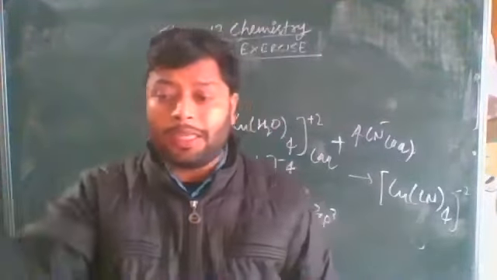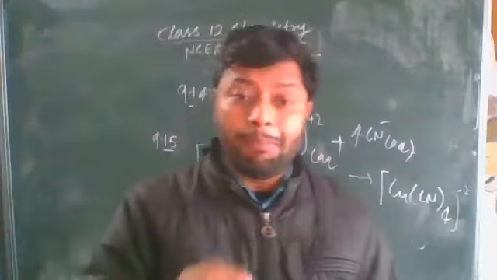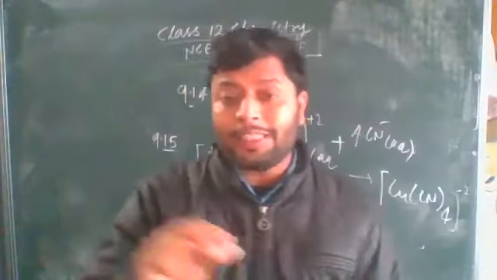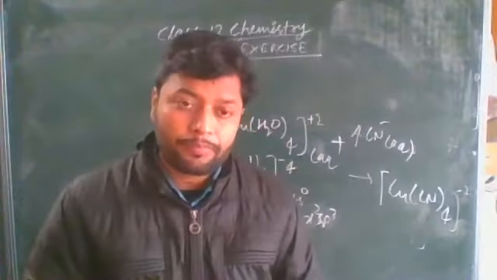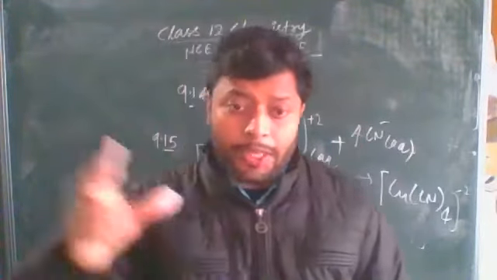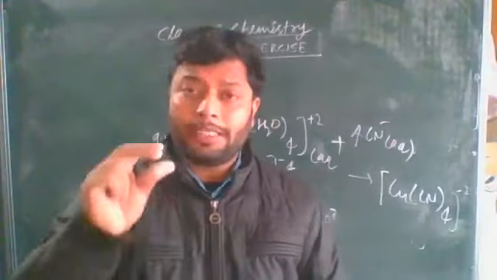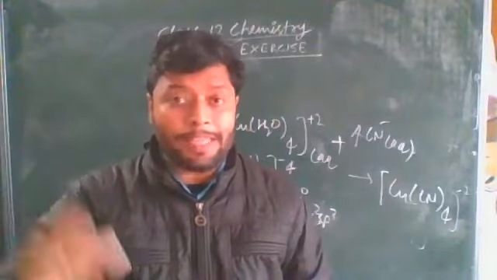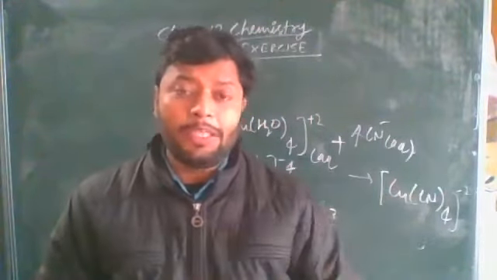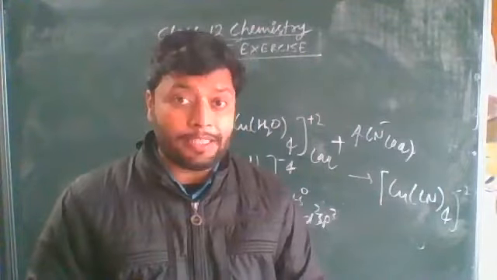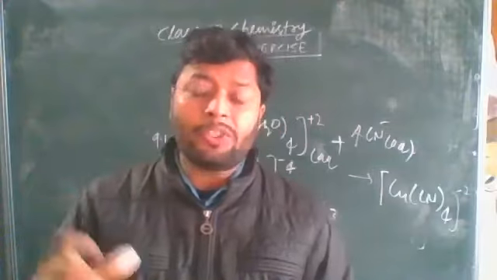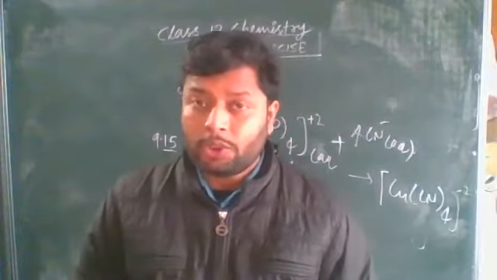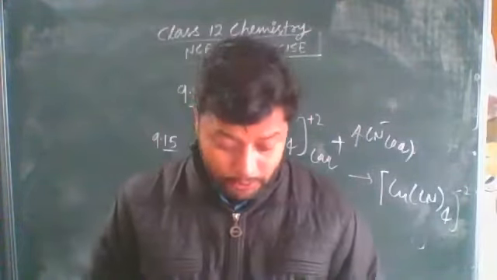The spectrochemical series is the series of ligands based on the increasing order of crystal field splitting. At the extreme right, strong field ligands are placed, and at the extreme left, weak field ligands are placed. It depends upon the value of delta imposed by the different ligands, so the series is based on that value.